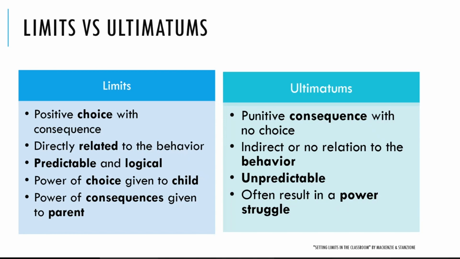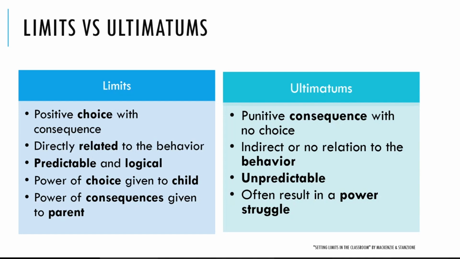Limits have to have a positive choice with a consequence, meaning their choice that goes along with the consequence. If they choose to do this, they understand what the consequence will be if they follow along with that choice that they decided on. It has to be directly related to the behavior.